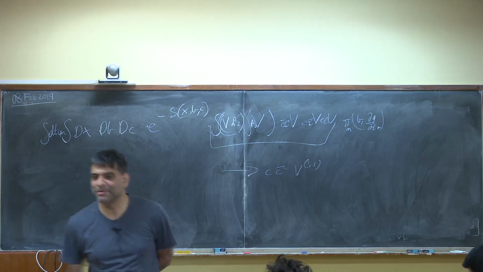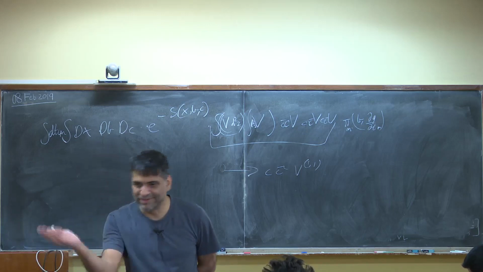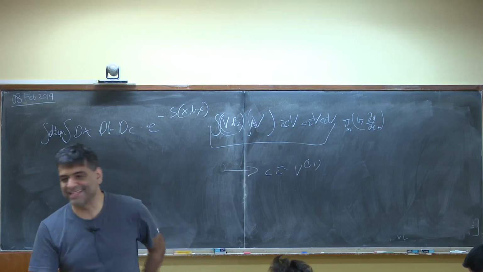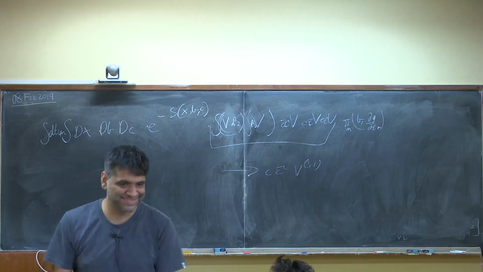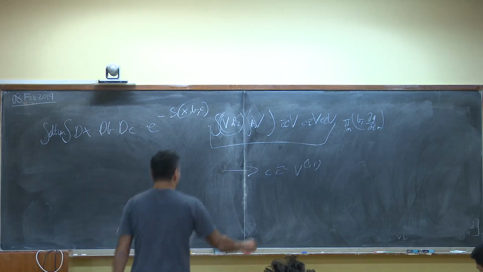This 1, 1 primary was not unique. There were equivalences even in this 1, 1 primary things. Things that were both null states, things that were both descendants as well as primaries. Anyway, all that, you remember all that.